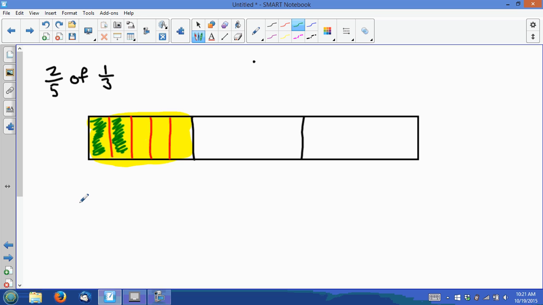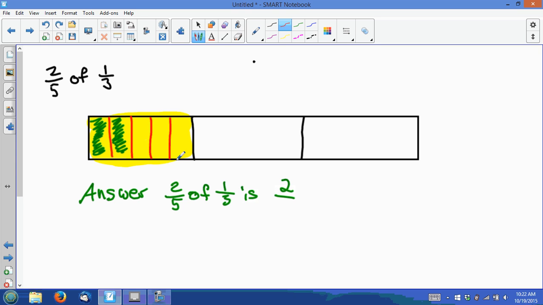And so now we're interested in the answer. Two-fifths of 1/3 is. Now, two parts are shaded, and the question for you now is how many total parts will there be? Now, what we're about to do is critical for your understanding of fraction multiplication later on.